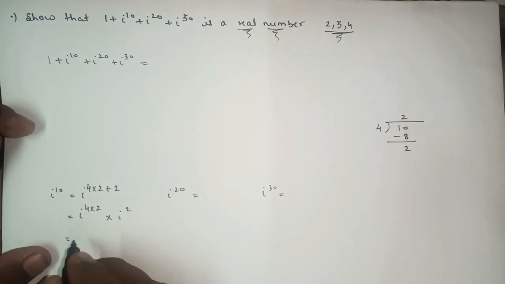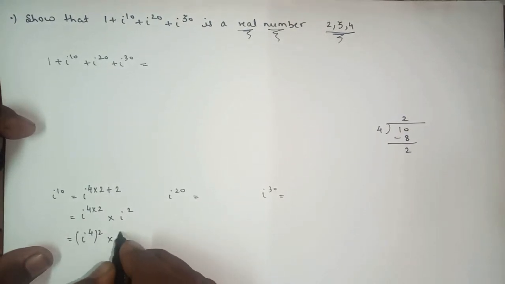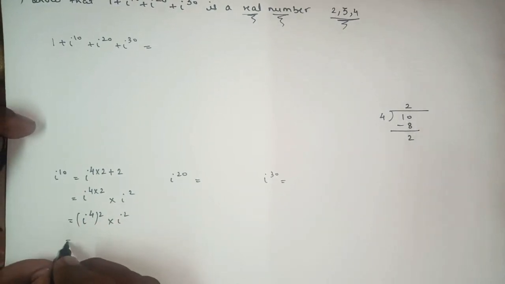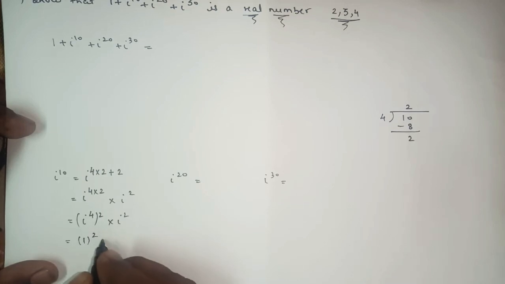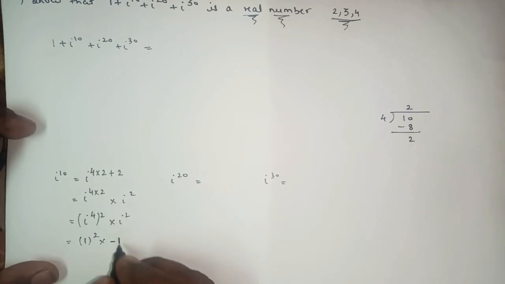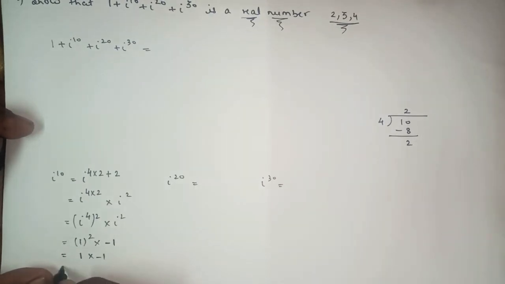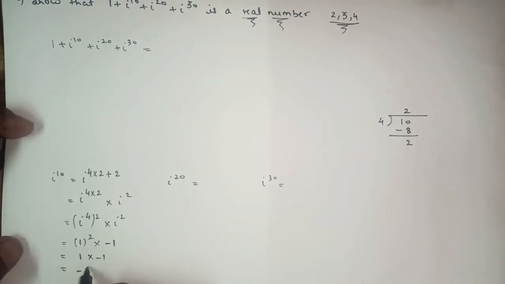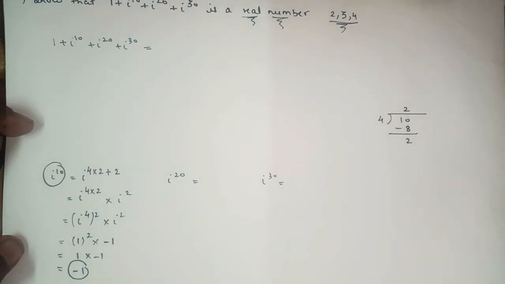Yes or no? So further this we can write as (i^4)^2 into i square. i^4 is 1, the whole square, into i square, we know that it is minus 1. 1 square is 1, into minus 1. So 1 into minus 1 is minus 1. So here we got the answer for i^10.